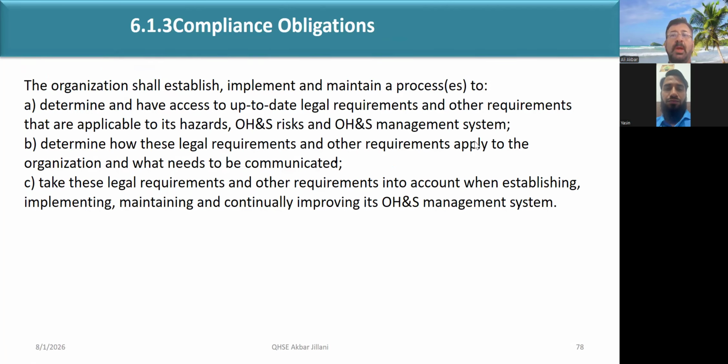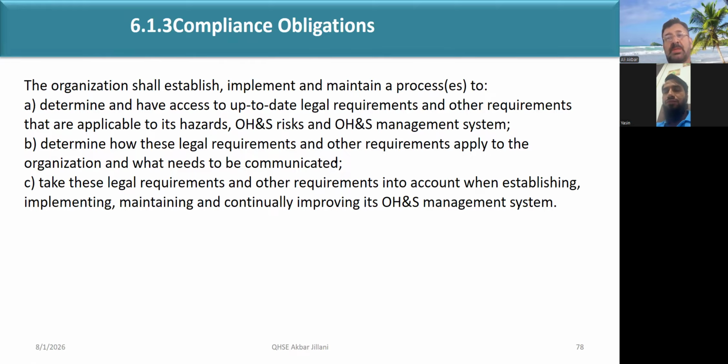Now, compliance obligations. When we are talking about compliance obligations, this is the legal requirement. If somebody asks you what the subclause for compliance obligations is, our answer will be 6.1.3. This is the compliance obligation.